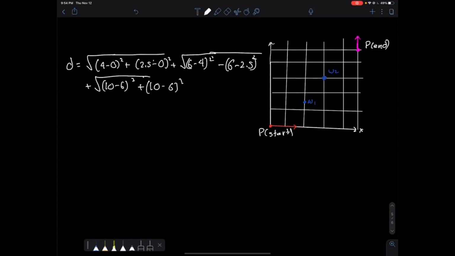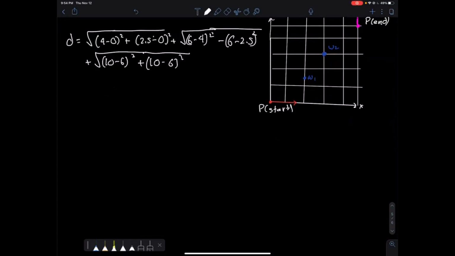If we solve that, we get basically 14.4 meters. Any questions on that question?